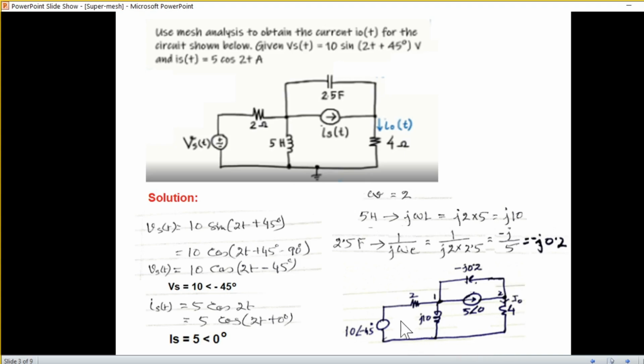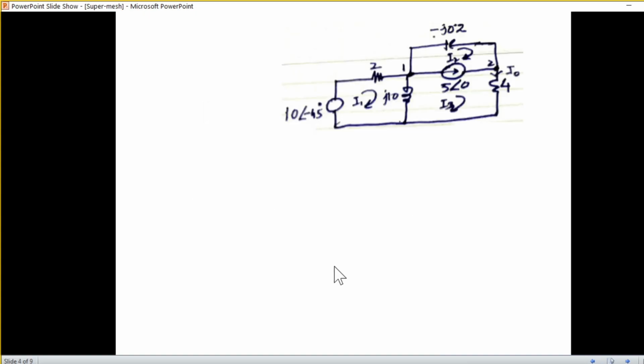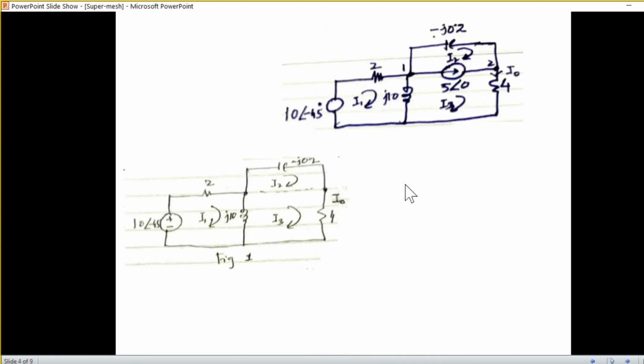So we'll plug in all the phasors in this circuit: the voltage, the current, the inductance and the capacitance, all in phasor. Now you can see this part has a current source in between the two meshes.